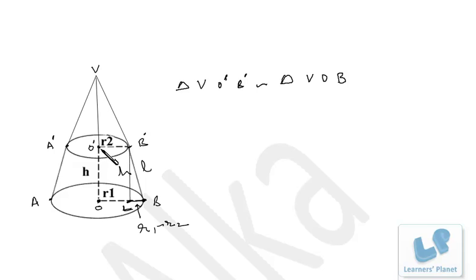So the side of this triangle VO dash by the side of this triangle VO is equal to R2 by R1, and the third side is this total length. I assume the total length VB to be L1.